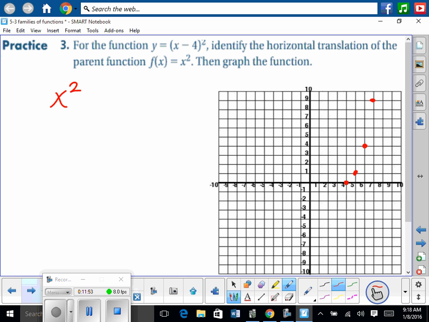We do that on both sides. So we can draw in our parabola. Okay, questions?